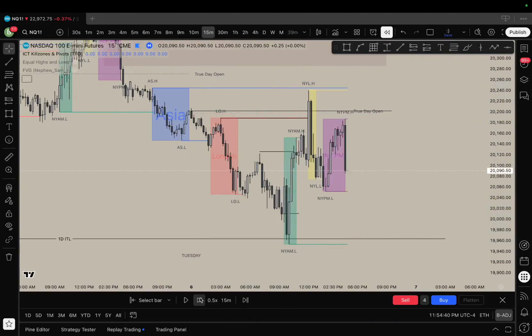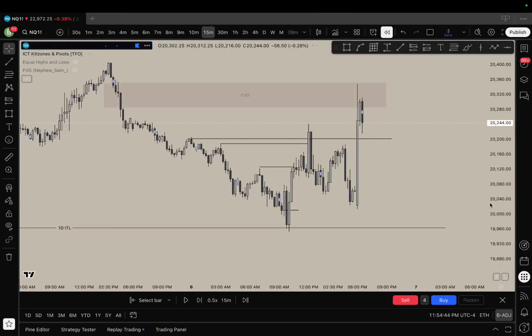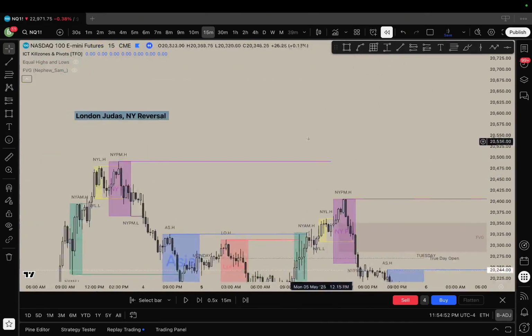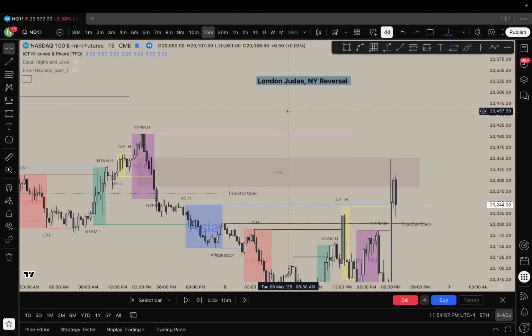Actually, yeah, it did close bullish. So we end up closing bullish on this day. Just a super, super nice daily profile you guys should definitely be studying is the London Judas New York reversal. Let's move on to a couple more examples here.